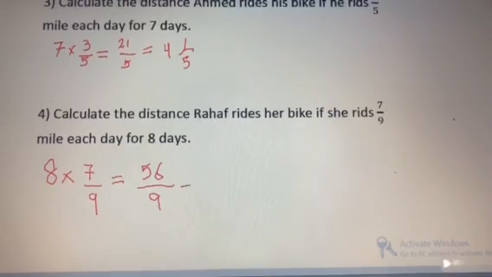Now which number do I multiply by 9? The answer will be 56 or less. Yes, 6. 6 multiply 9 is 54. Then we have remainder 2. I will write the remainder as a fraction. Now 56 over 9 equals 6 and 2 over 9.